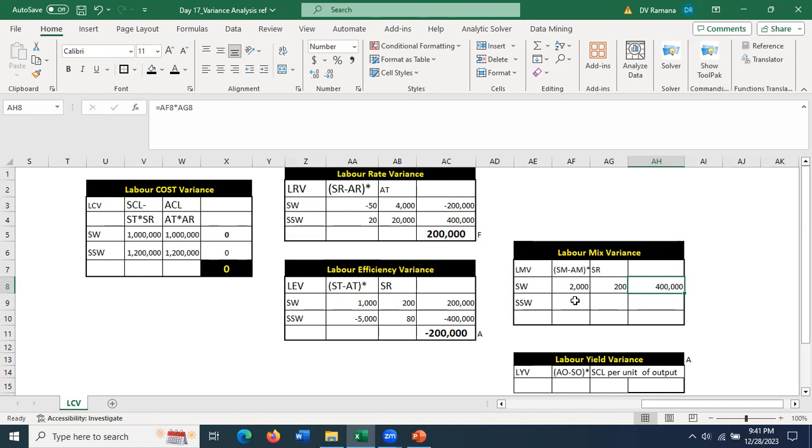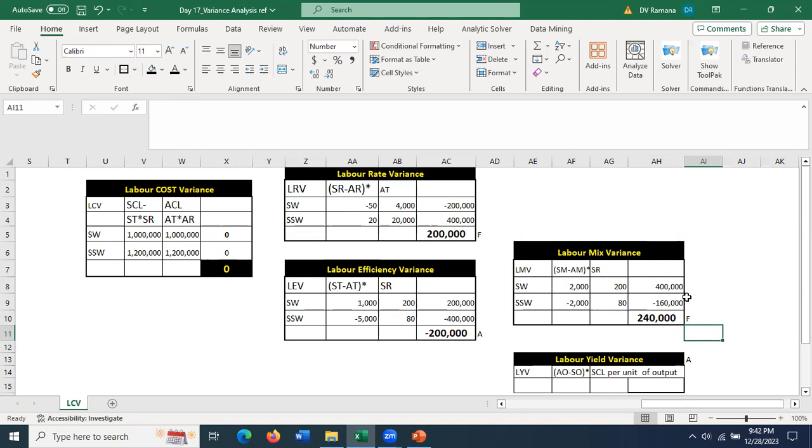But what about the unskilled workers? For the unskilled workers, there's a huge negative, because you have used more of unskilled workers and less of skilled workers. Overall, there is a favorable effect of the mix.